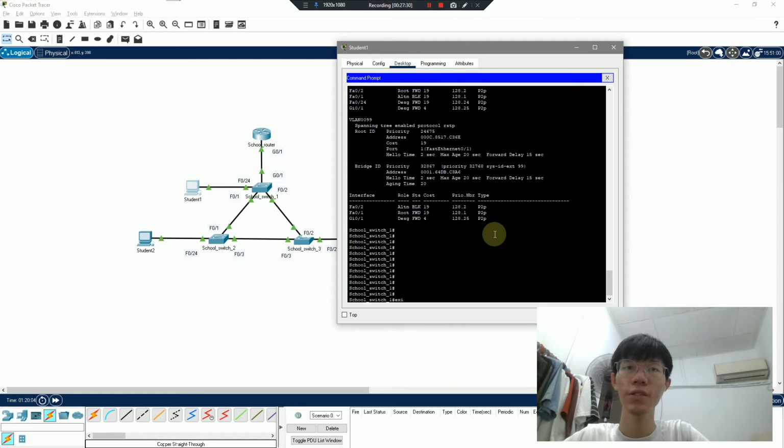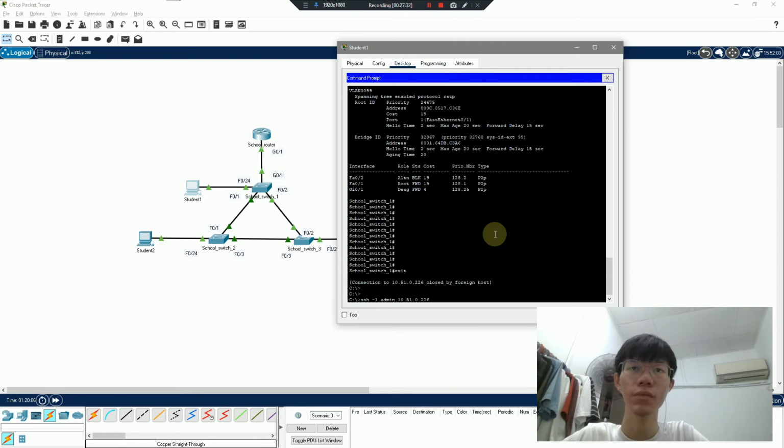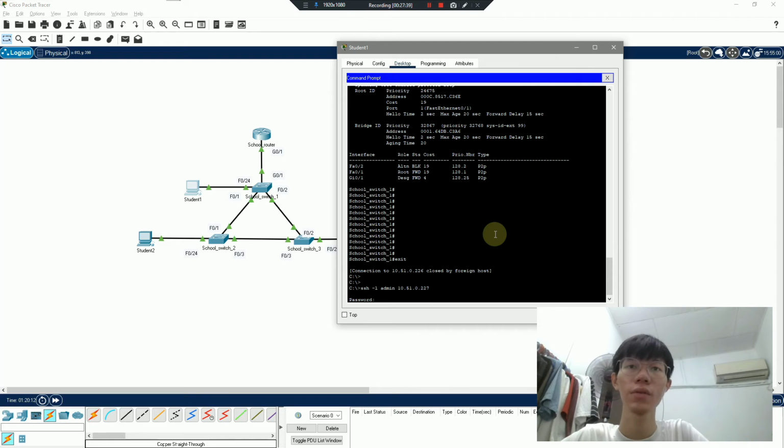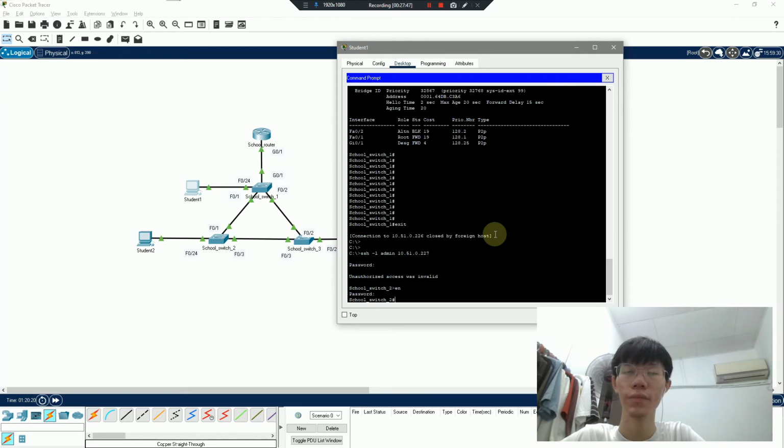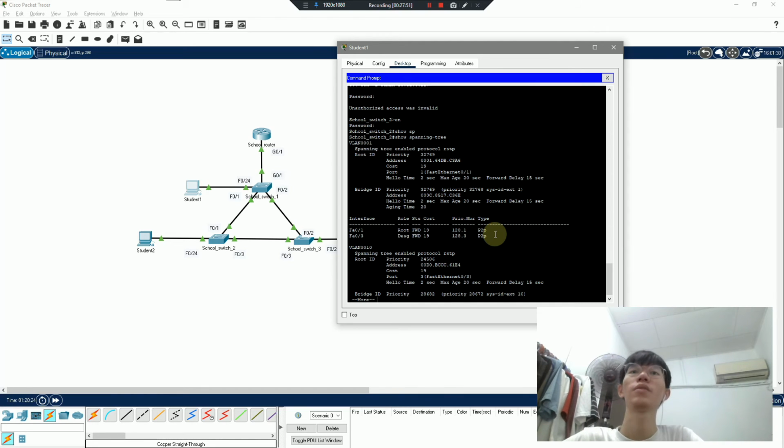Next is switch 2. The password is class. Show spanning-tree.